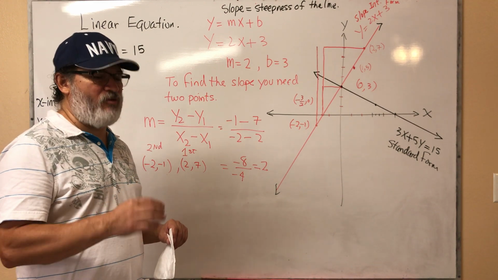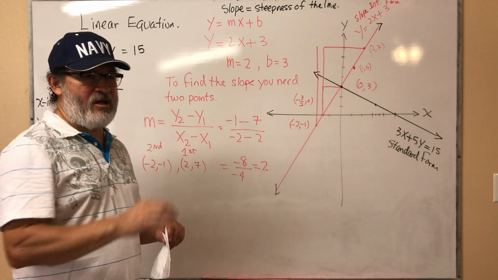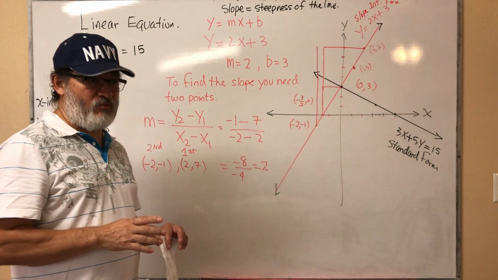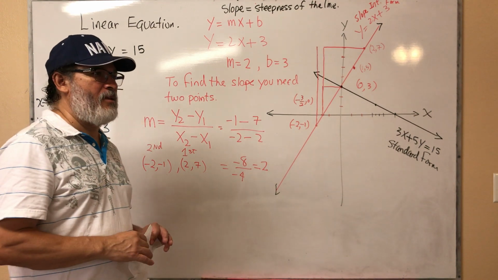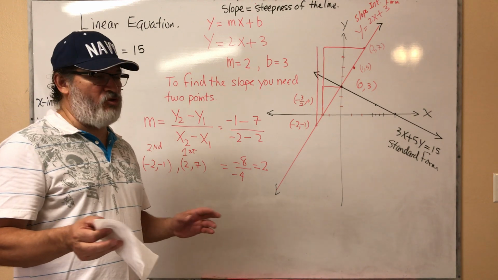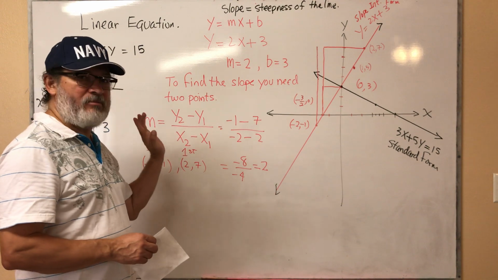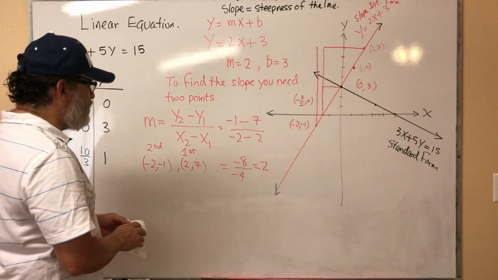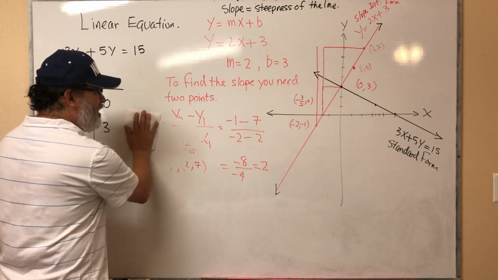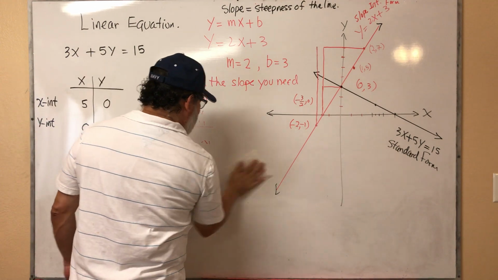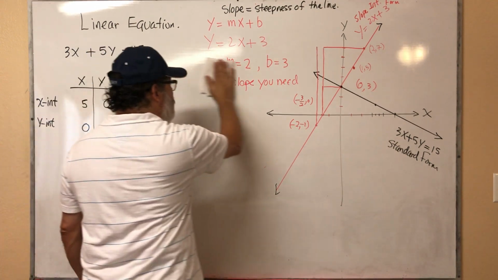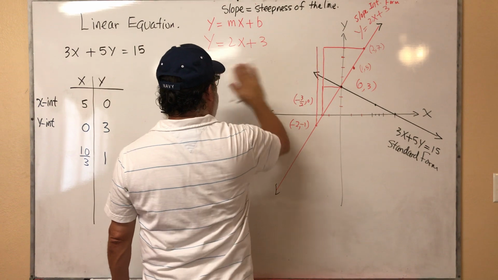Because we have the graph, we rose and then we ran from one point to another, and we were able to find 2. If we do not have the graph, no problem. We just take 2 points and use the formula. We did it in many ways for the red line. Now, let's do it for the dark line.